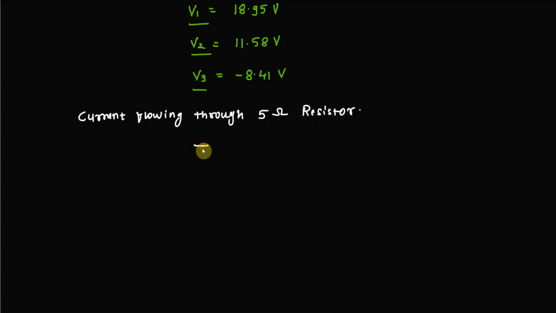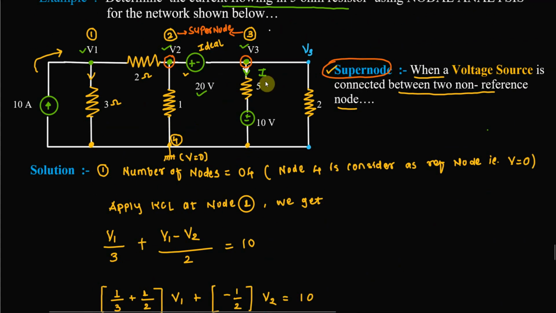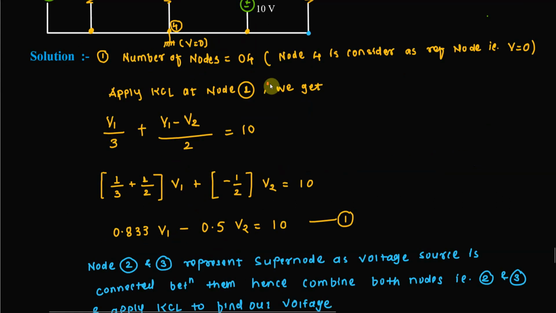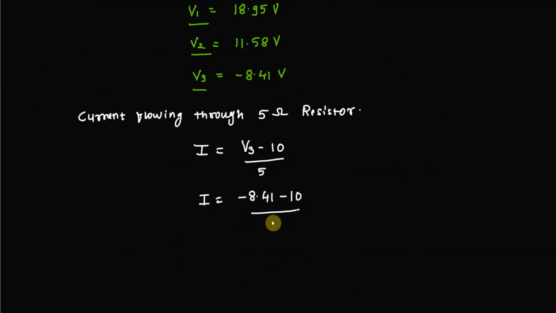So that current comes out to be I is equal to voltage by resistance. So voltage is V3 minus 10 divided by 5. V3 we have calculated as minus 8.41, so minus 8.41 minus 10 divided by 5. So this will be minus 18.41 divided by 5.